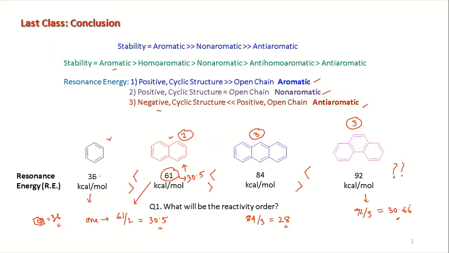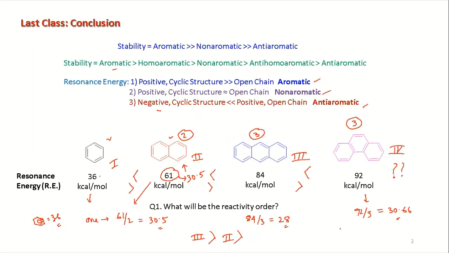If you now arrange them, the minimum is phenanthrene. If I write this as 1, this as 2, this as 3, and this as 4 compound, then the minimum resonance energy means the maximum reactivity. So compound 3 will have the maximum reactivity. Then you have this 2.